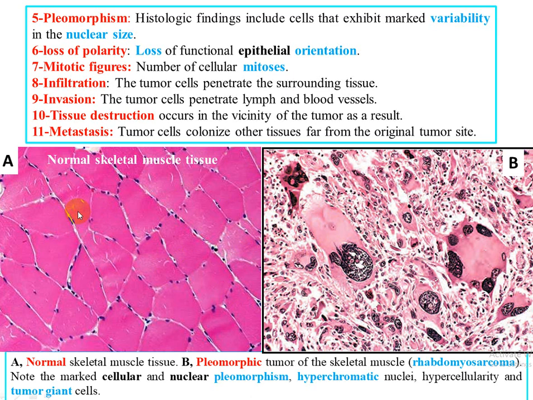Figure A reveals the normal structure of skeletal muscle, characterized by a normal arrangement of muscle fibers with the nuclei located at the periphery of the fibers, and the normal eosinophilic color of fibers and nuclei.